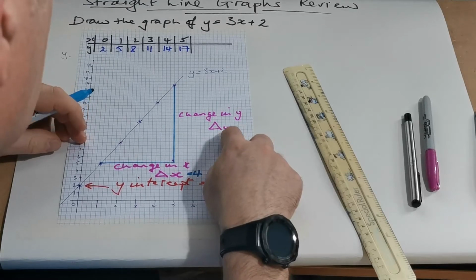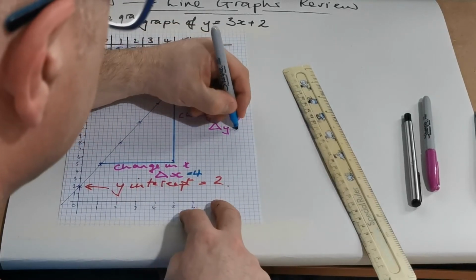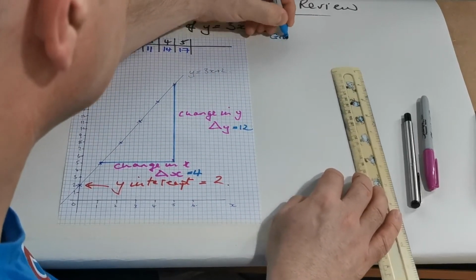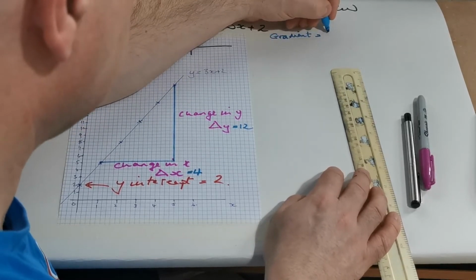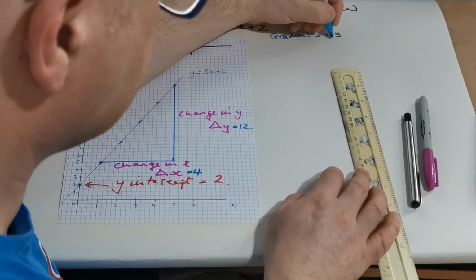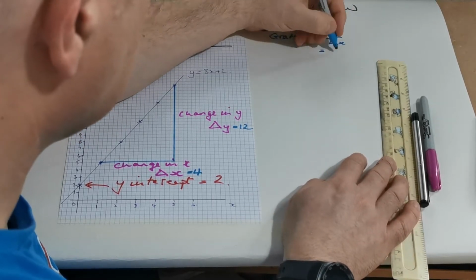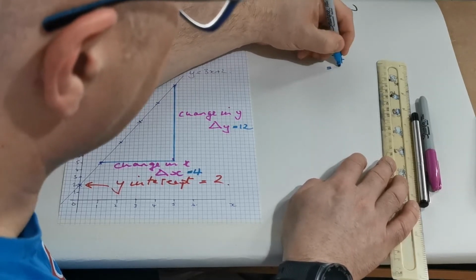And change in y goes from 5 all the way up to 17, so that's 12. So the gradient is delta y over delta x. I'm sure you've come across these deltas in science before. So that's 12 over 4, which is 3.